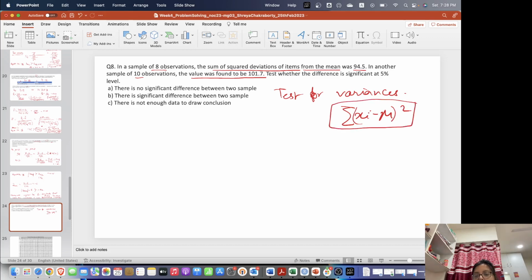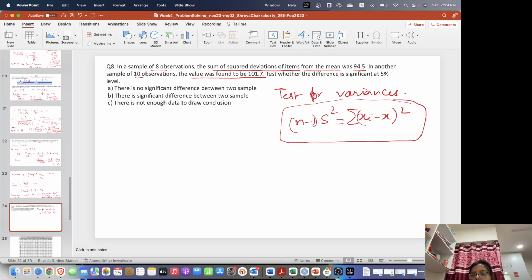So this is nothing but n into variance. In a sample, this is from the mean. So what they have calculated is summation of x i minus x bar squared, which is nothing but n minus 1 times s squared.